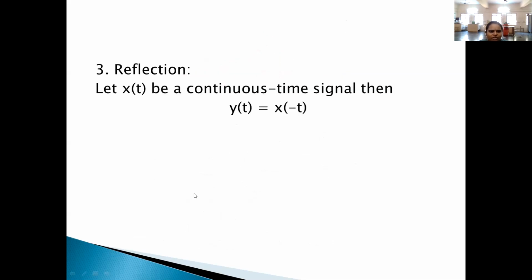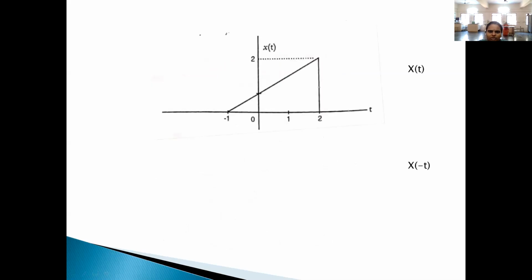Next is reflection. Let x of t be the continuous time signal, then y of t is equal to x of minus t. Observe here, reflection means reflecting the signal. Observe this example, a triangular wave changing from minus 1 to 2. Reflection means the negative values become positive and positive values become negative.